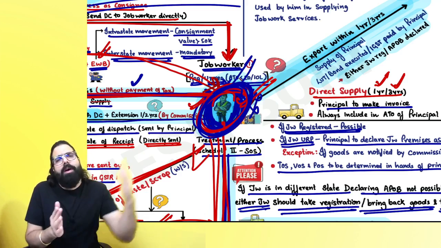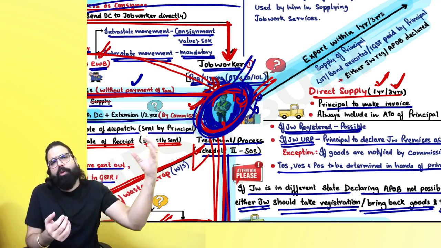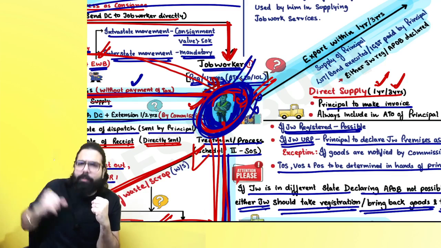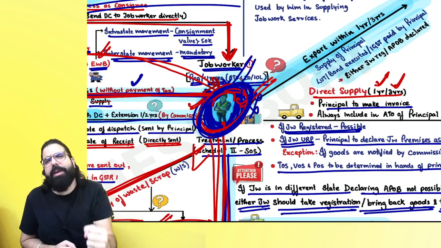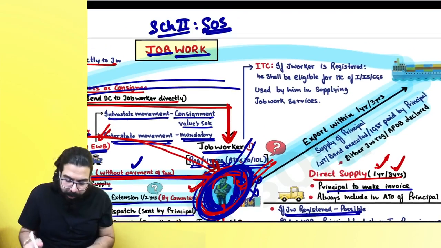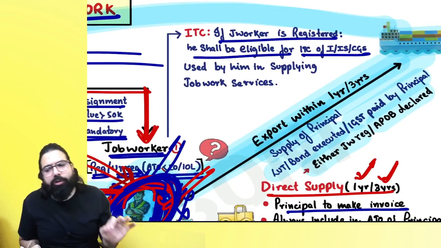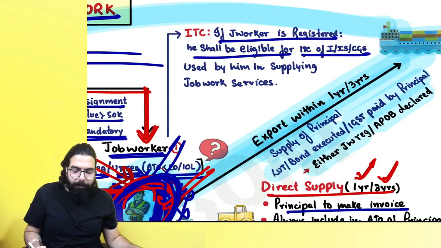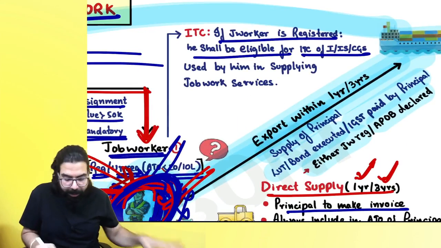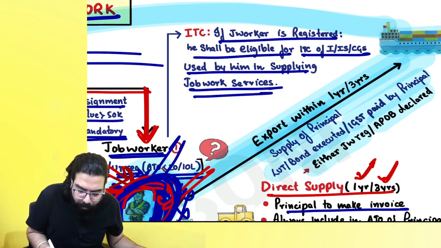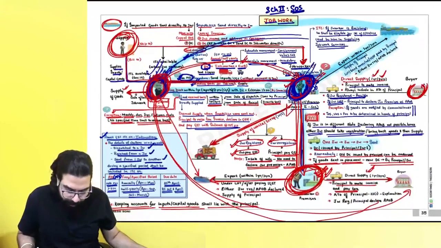I am a job worker, I buy input, capital goods, input services to provide job work services to someone. Then if the job worker is registered, he shall be eligible to take ITC of inputs, input services and capital goods used by him in supplying the job work services. I hope everyone is clear.